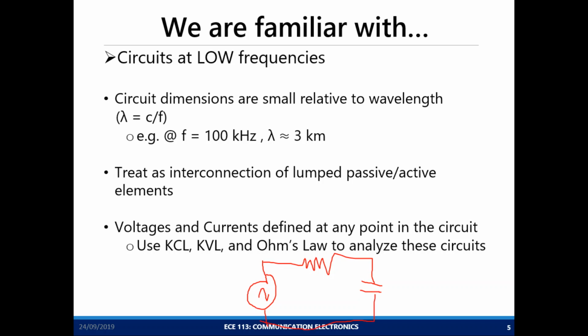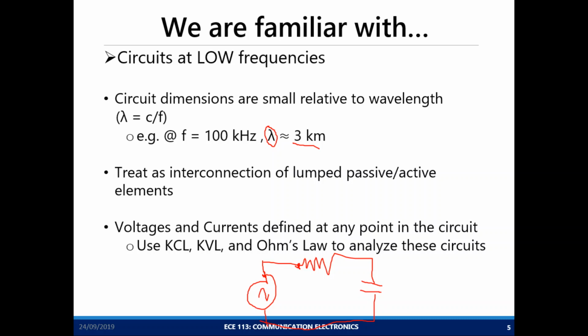For 100 kilohertz, if you're talking about an electromagnetic wave operating at the speed of light, of course, the wavelength is around 3 kilometers. That would mean that the traveling wave from this source up to this point right here actually has a very large wavelength.